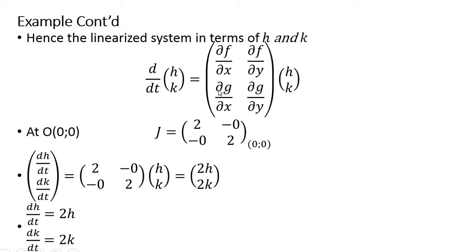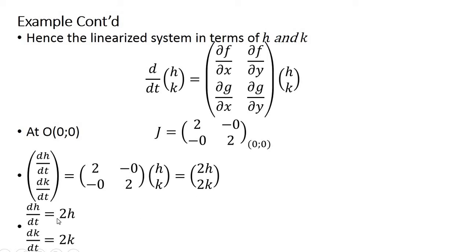So we substitute our Jacobian, multiply the two matrices, and get 2h and 2k.